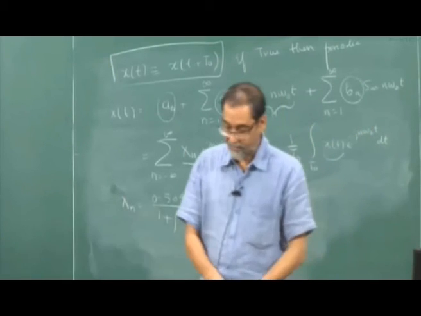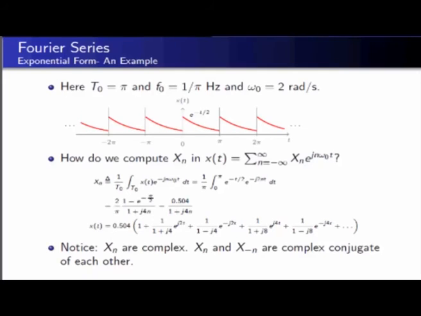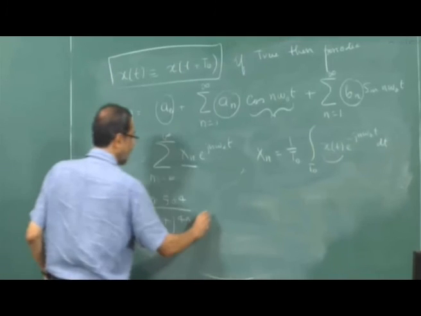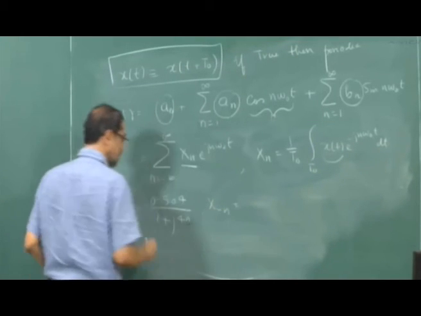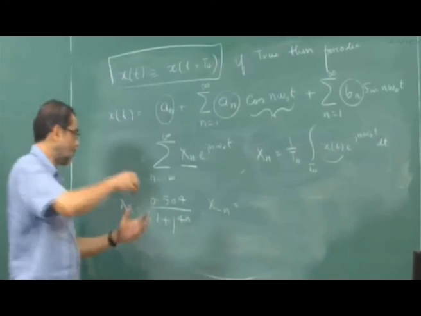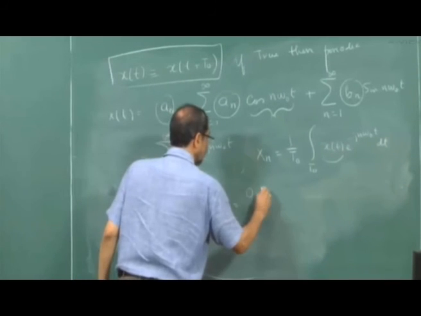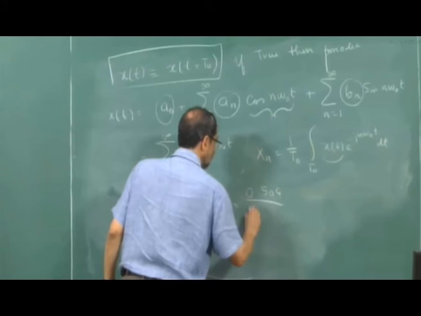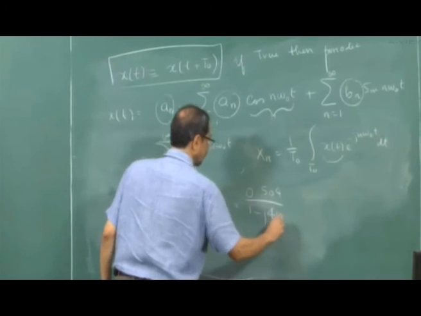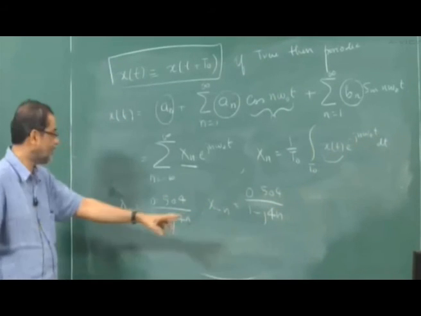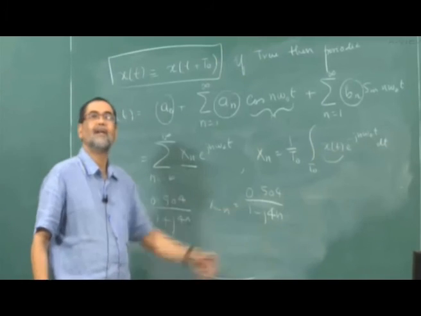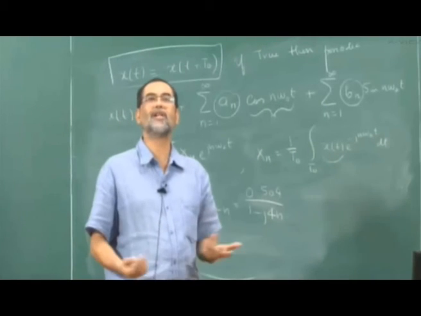And that's your x of t, and I would like you to see that your xn is complex, right. If you do xn and x of minus n, it is 1 plus j 4n for one and 1 minus j 4n for the other. N is negative, so one is plus, other is minus. This property is the complex conjugation property.